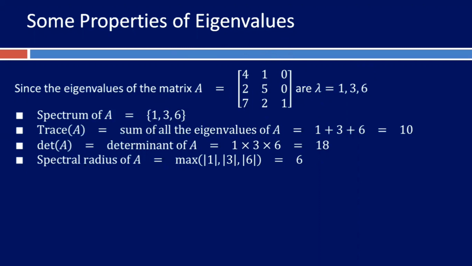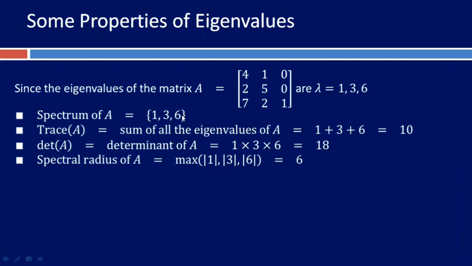Here we take one example, apply all these previous concepts and formulas to it, and show how we calculate all these terms. The eigenvalues of the matrix, as we calculated in the previous slides, are 1, 3, and 6.